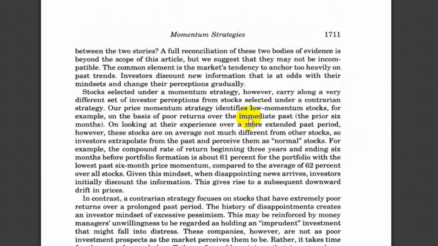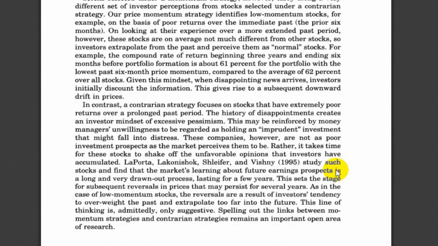For instance, in the momentum strategy, the immediate past, like the past 6 months, was used to extrapolate the returns. However, using more of a long-term past returns as the ranking system produces about the same return as the average.